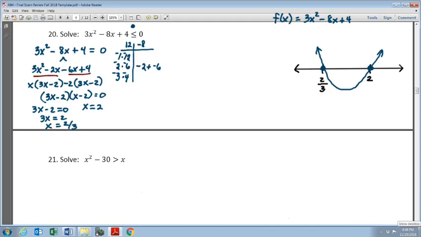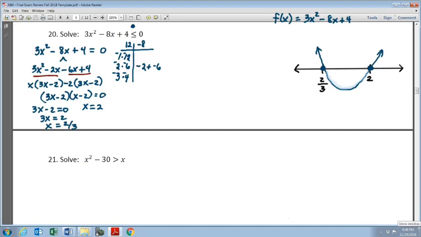Now we can look at the graph and tell where this function is going to be less than 0, or in other words, where 3x squared minus 8x plus 4 will be less than 0. It's going to be where the graph is below the x-axis, so that would be right here.